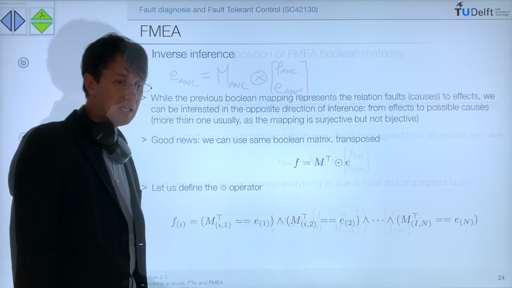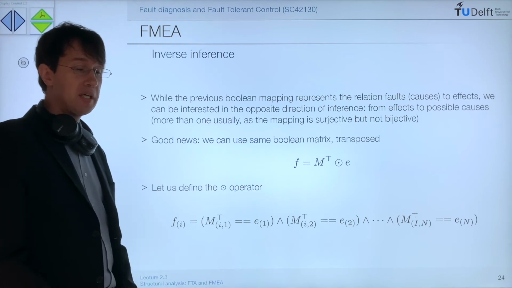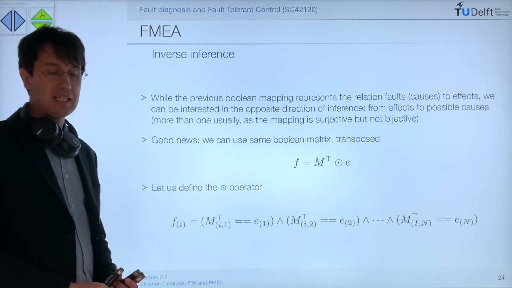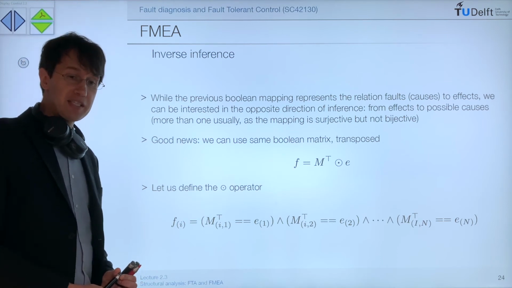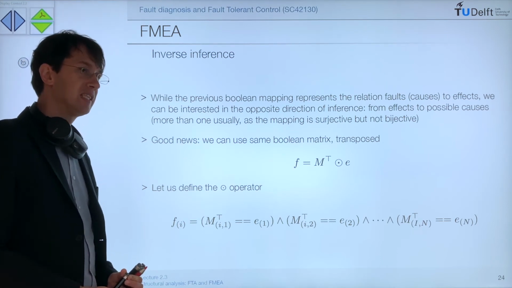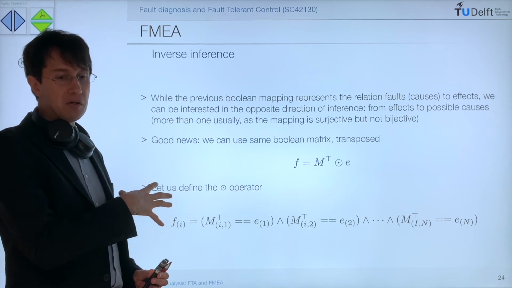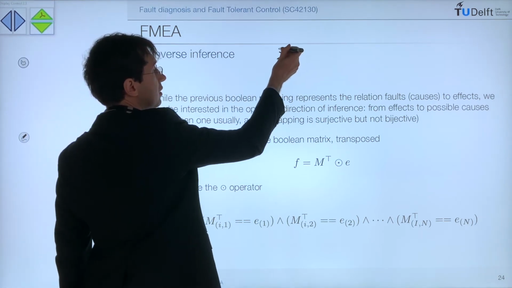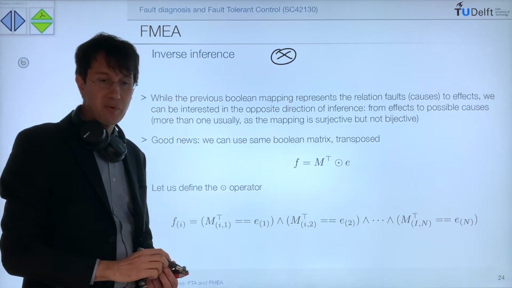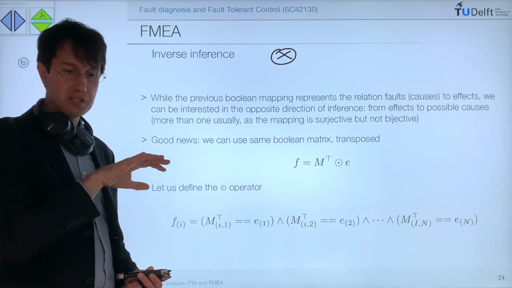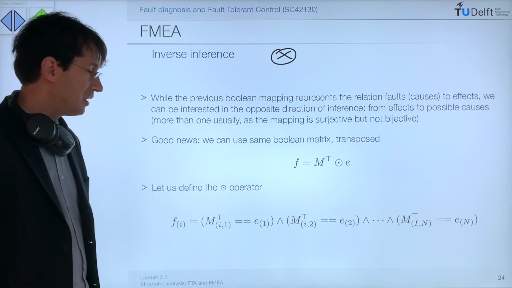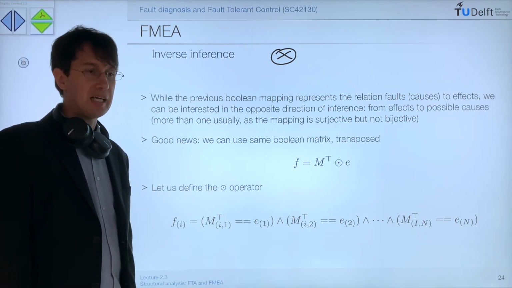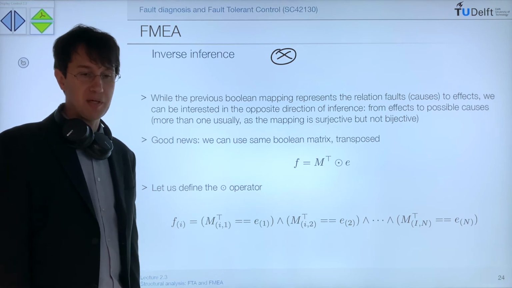Another interesting thing that you can do with the fault mode and effect analysis is the reverse analysis, the inverse. So what we were doing now with this operator was to find a way to propagate forward faults to effects. But usually we are more interested in the opposite information, like in the troubleshooting section of the manual.